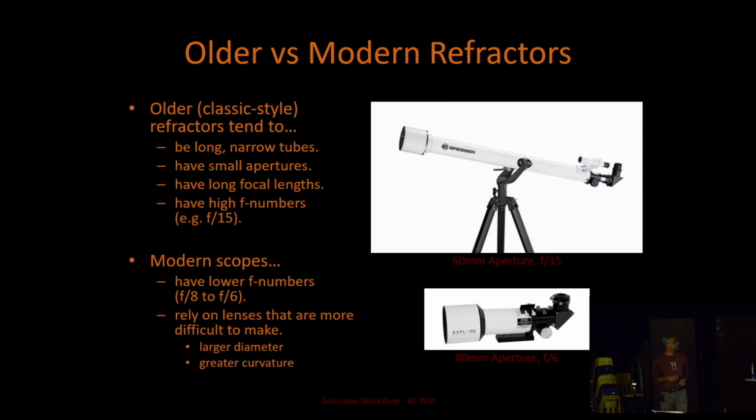Whereas the modern telescopes are much wider, the aperture is much larger, and they tend to be shorter because the lenses can be manufactured in much larger diameter and with greater curvature, so they can focus the light in a much shorter distance. The older telescopes had high F numbers. We talked about F numbers earlier. The modern telescopes tend to have lower F numbers.